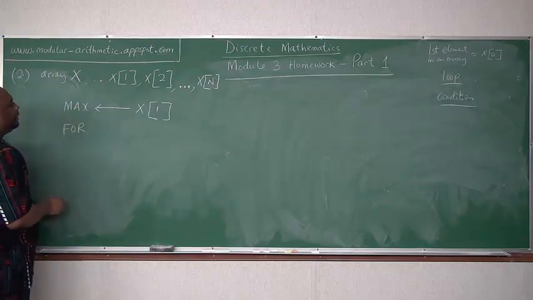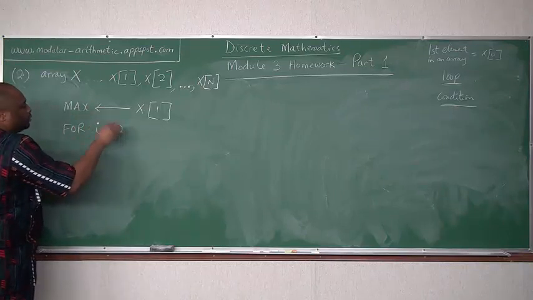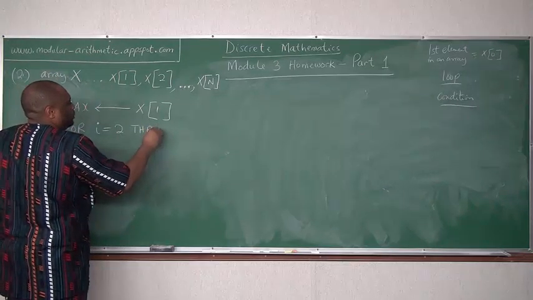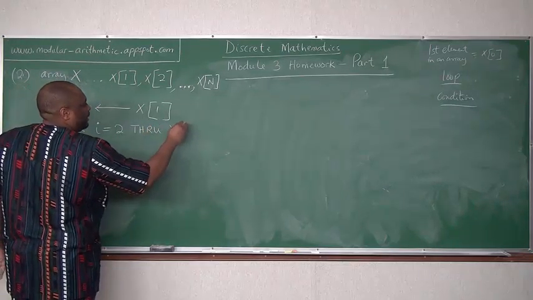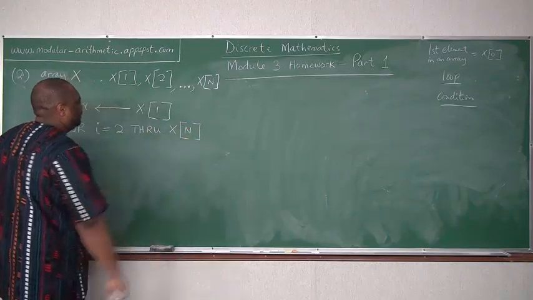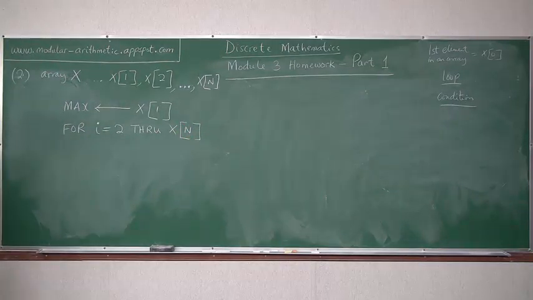Okay, for, let's say, i equal to 2 through the last element, which is the element in the n index. Okay, for this, from i equal to 2, look through the last index. Okay, element in the last index.